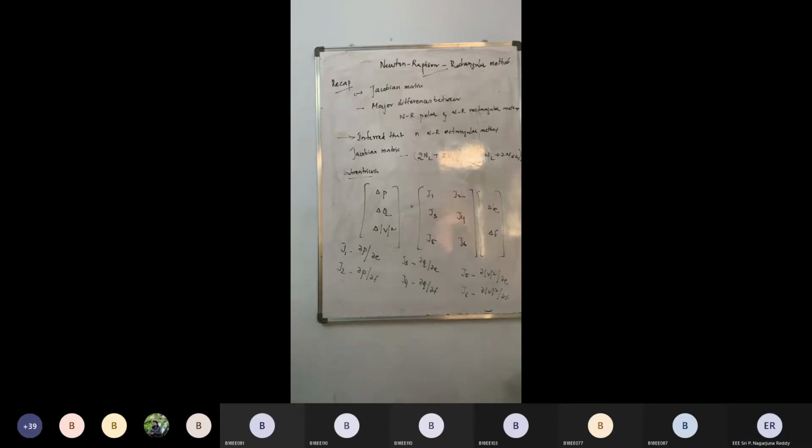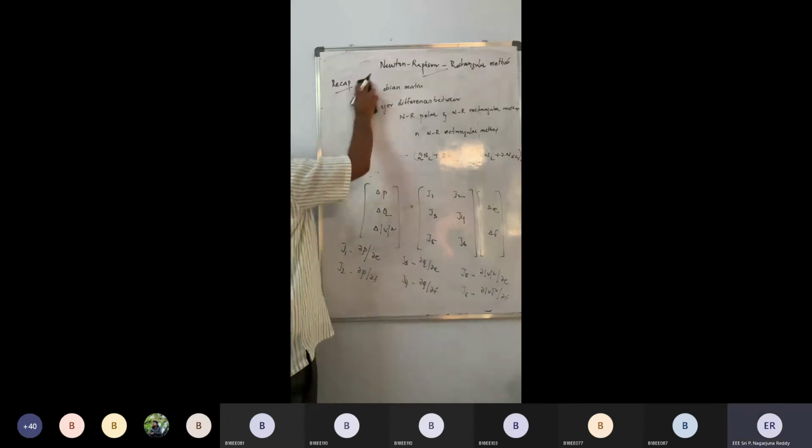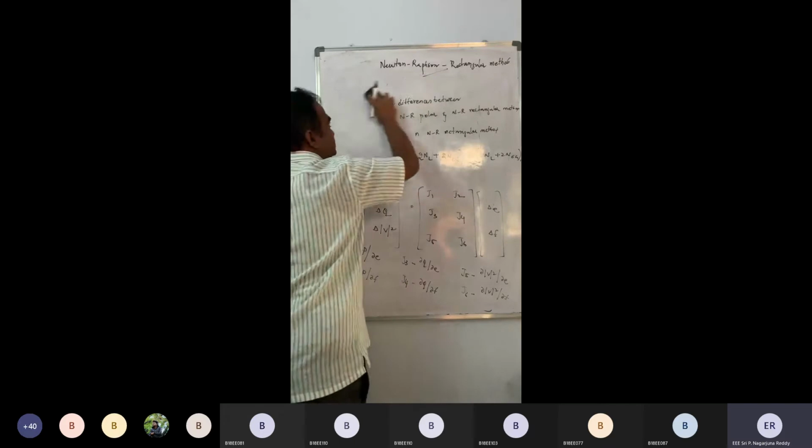Now, we'll try to determine the elements of each of these submatrices, and also analyze how to determine the load flow solution using Newton-Raphson rectangular method. Having said that, let's get back to our power equations.